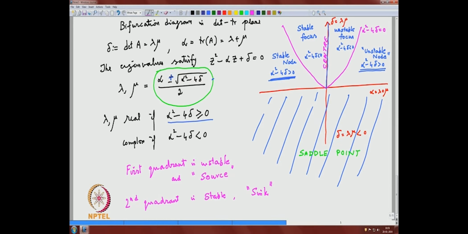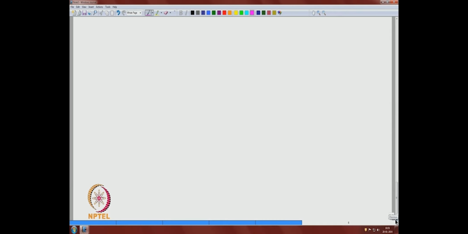Such a picture in general is much harder when you go to the higher dimensional situation. So, we will now give 1 or 2 interesting examples before going to higher dimensional situations. So, we will at least give 2 examples.